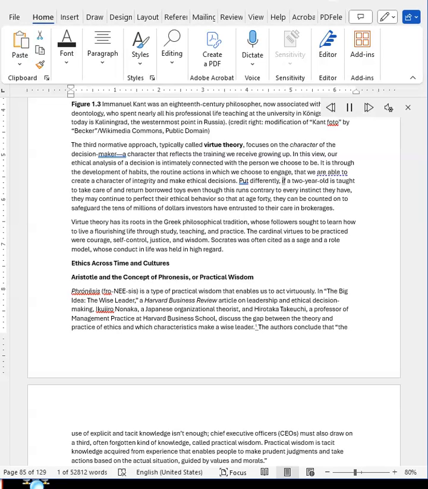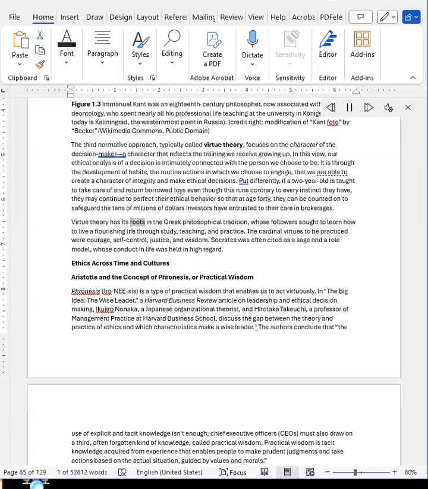Put differently, if a 2-year-old is taught to take care of and return borrowed toys, even though this runs contrary to every instinct they have, they may continue to perfect their ethical behavior so that at age 40, they can be counted on to safeguard the tens of millions of dollars investors have entrusted to their care in brokerages.